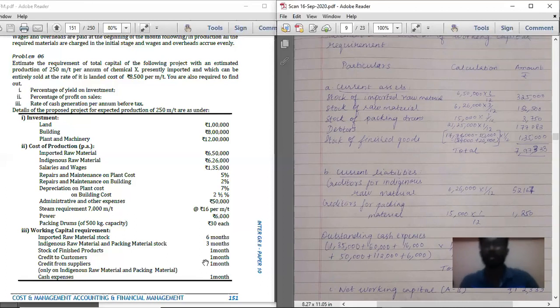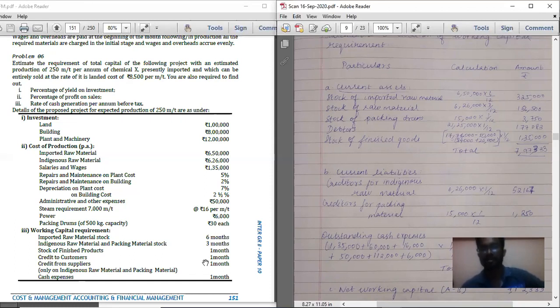Suppose in this problem, they didn't tell how much is cash sales and how much is credit sales. So we are assuming entire sales as credit sales. That is the total sales value, 21,25,000. 250 into 8,500 is 21,25,000. If you want to assume 50% credit sales and 50% cash sales, you can, but you should give an assumption. So here we are assuming 100% of sales as credit sales.